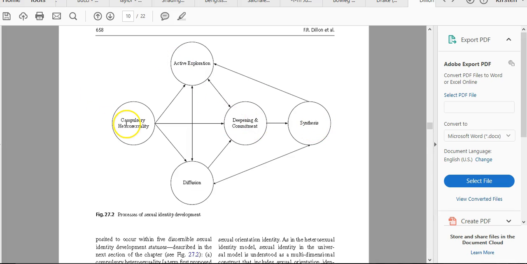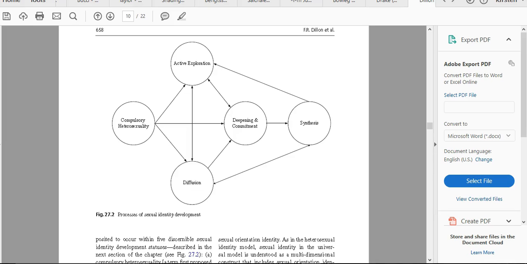But compulsory heterosexuality moving into deepening and commitment would result in someone who's basically more committed to the compulsory heterosexuality component of it. And that person might move to diffusion or active exploration. That's why this is not a linear model.